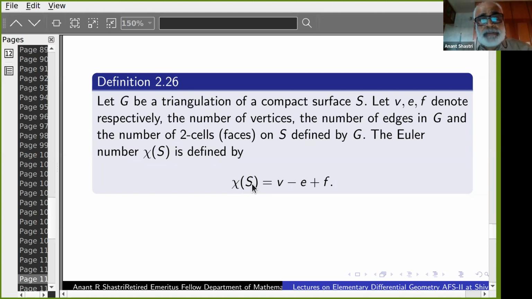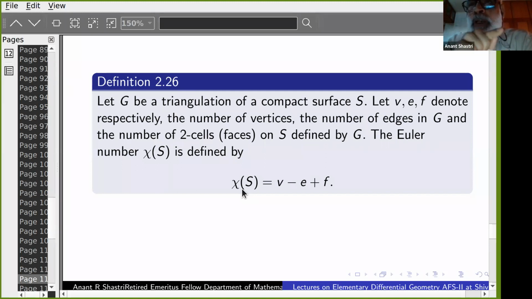Immediately I have written S, but it depends upon this G. I should actually write it chi-G, right? But I write it as chi-S because finally it does not depend upon what triangulation you take. This is a very, very deep theorem in algebraic topology, but we are not going to use this one.